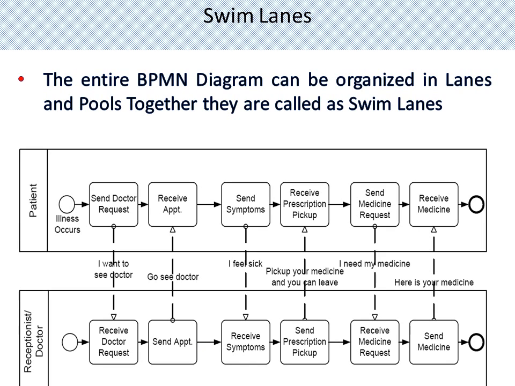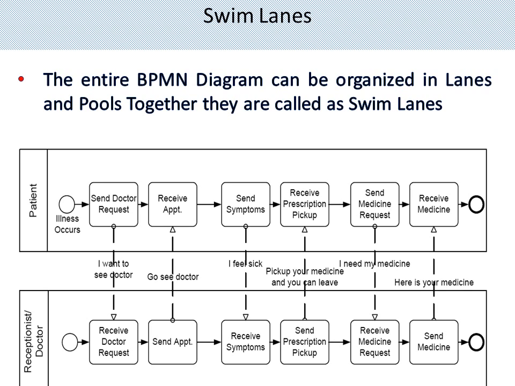Swim lanes. Let us learn about another BPMN element which is called a swim lane. Here I share with you another BPMN visual which shows the process of a patient seeking an appointment from the doctor's clinic. So the patient seeks the appointment from the receptionist, and after that he visits the doctor and receives the prescription.